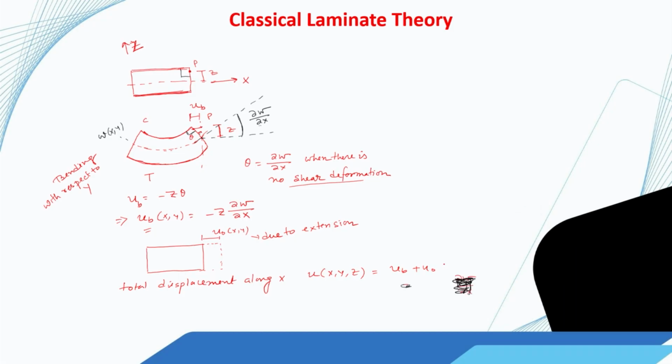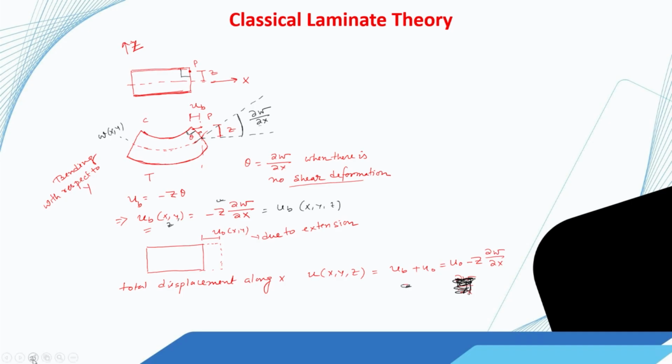So, this also can be written as u 0 minus z into del w by del x. Now, just a correction here accordingly. So, this is a function of x, y as well as z, because z is sitting here.